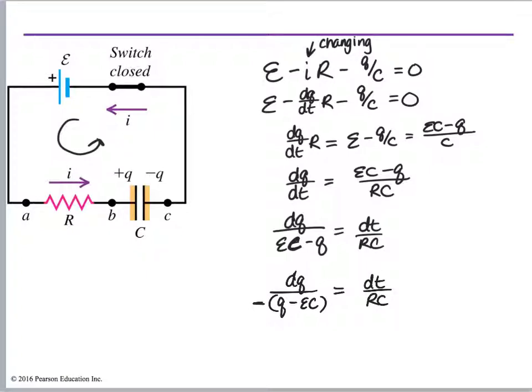And we just fuss around a little to make it easier to work with. Okay, and now we're going to integrate both sides. We're going to start at time equals 0 and go to some arbitrary time. When we begin at t equals 0, there's no charge, and then we let the charge reach some value Q at some arbitrary time. So those are our limits of integration.